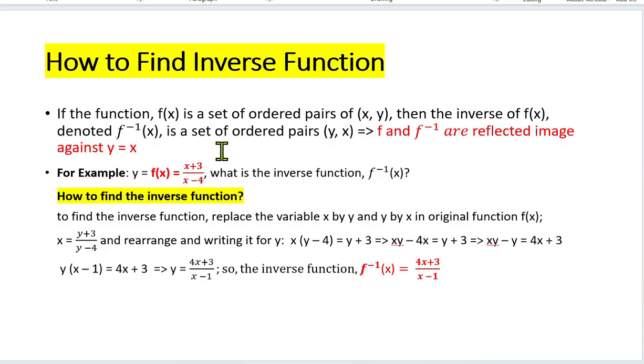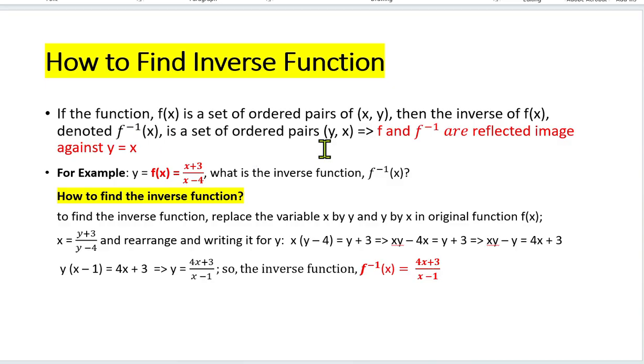If the function f(x) is a set of ordered pairs (x, y), one to one, then the inverse function of f(x), denoted by f minus 1, is the inverse, not the reciprocal, not 1 over f, but this denotes the inverse function of f.